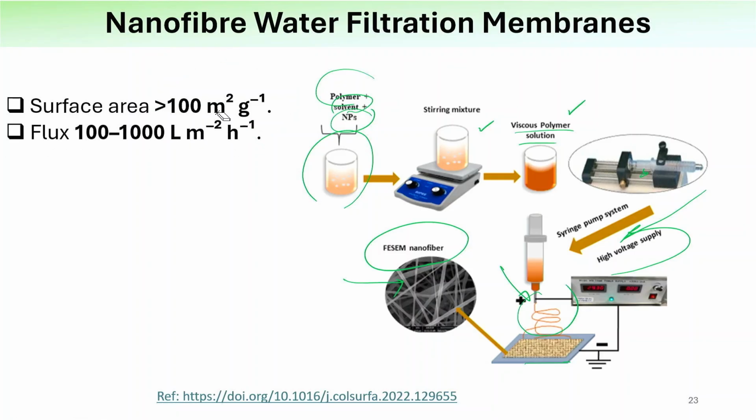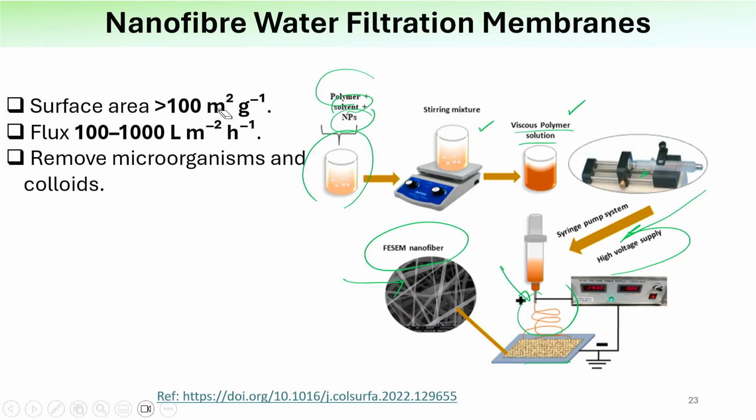So, here we can have high water flow rate, water flux 100 to 1000 liter per square meter area per hour, and it removes microorganisms and also colloids because of the very nano level structural openings. So, pore size is very fine, and it provides high permeability.